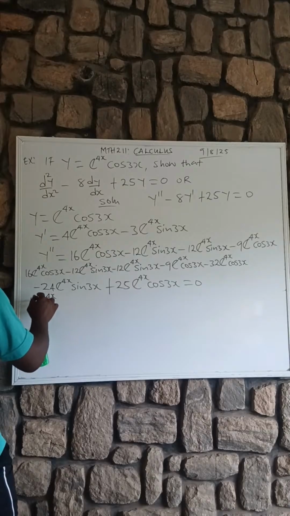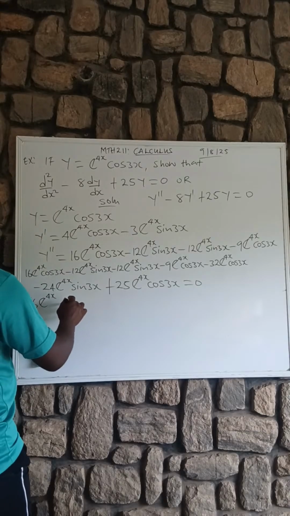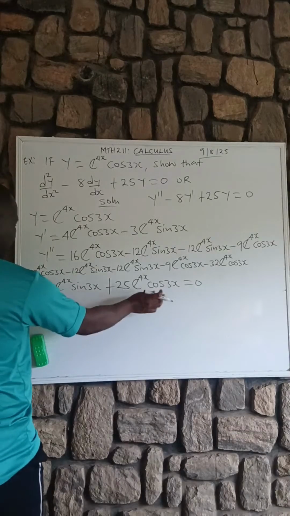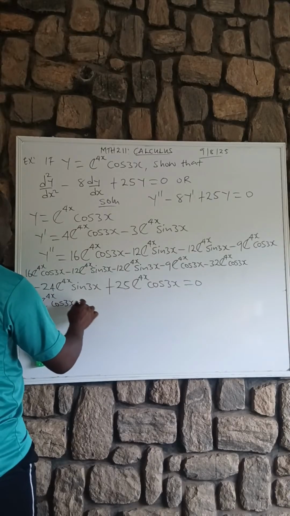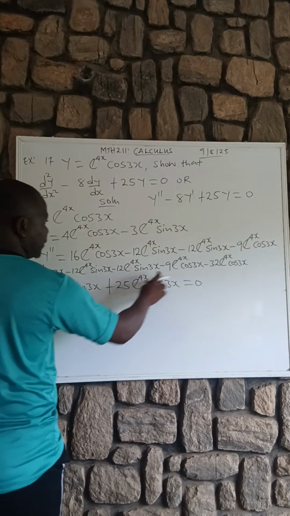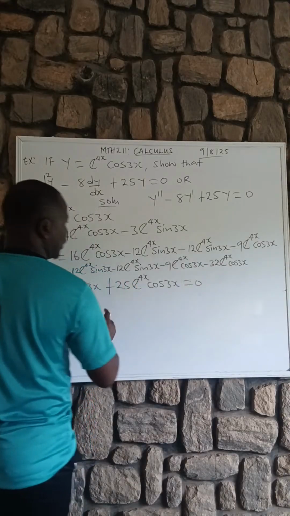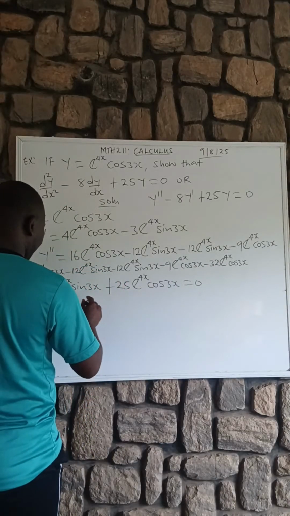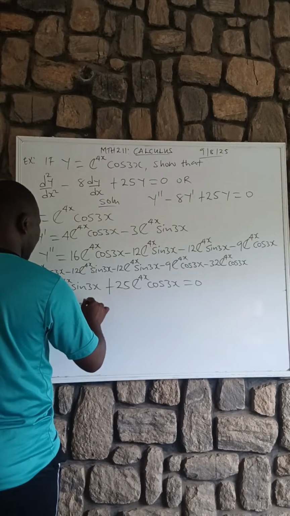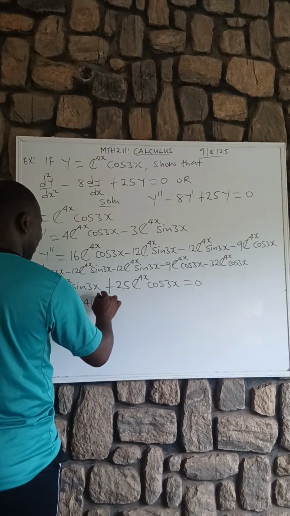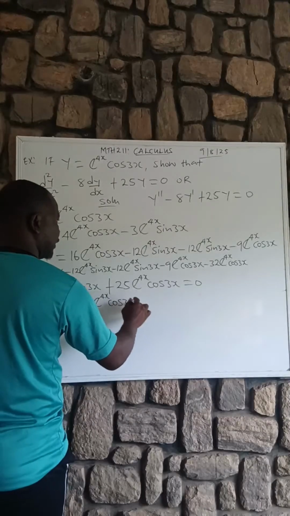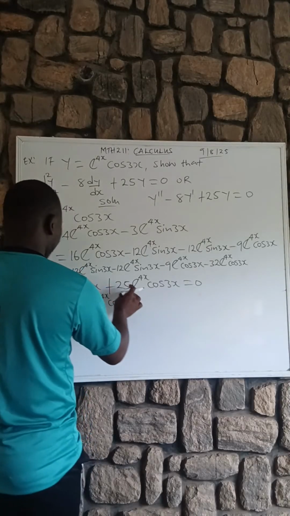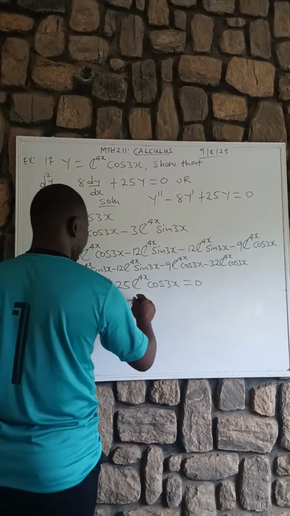cos 3x. Then if we add this, we are going to have minus 41 exponential 4x cos 3x. Yeah, then plus what?